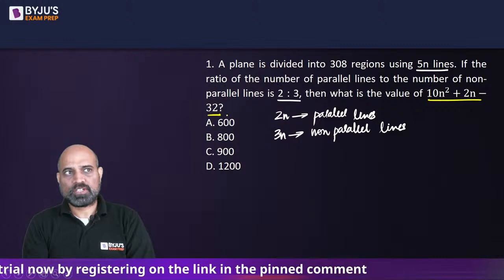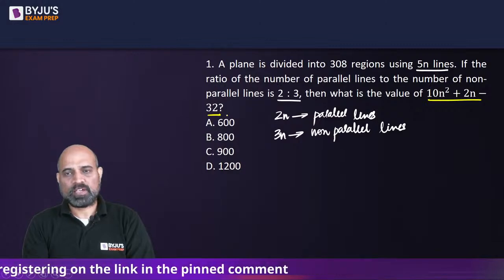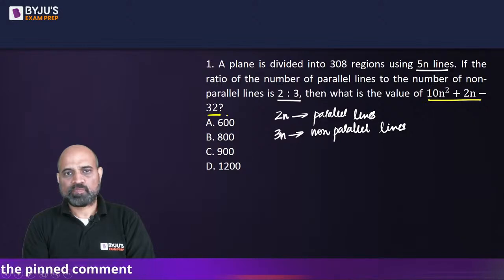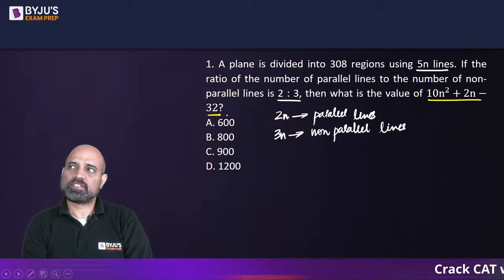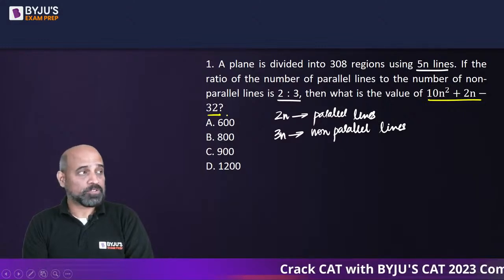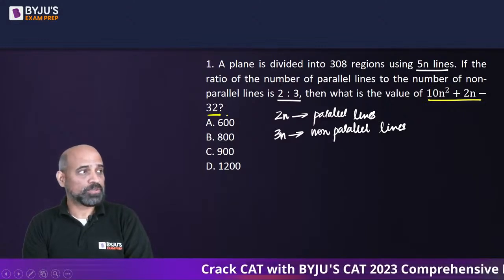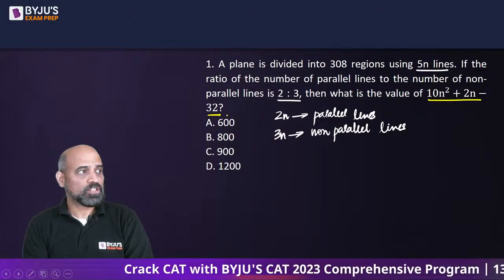So this can be broken down as... can we factorize this? Quick. If you can factorize it quick, it will be great. If you're not able to, then we will leave it as such.